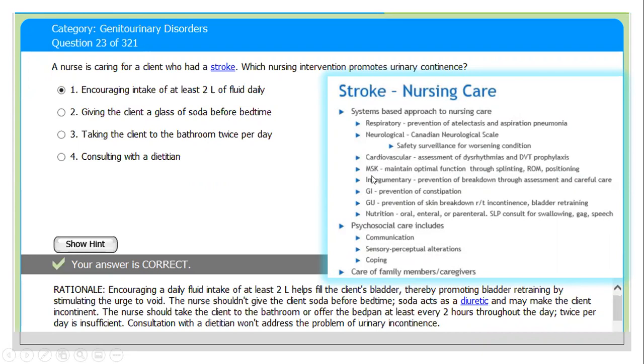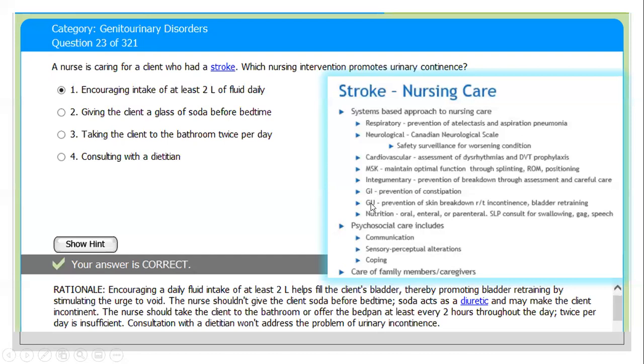What else? Musculoskeletal system: maintain optimal function through splinting or range of motion exercise, and adequate positioning. Integumentary system: prevent skin breakdown through assessment and careful care of the skin. GI, gastrointestinal: prevention of constipation.